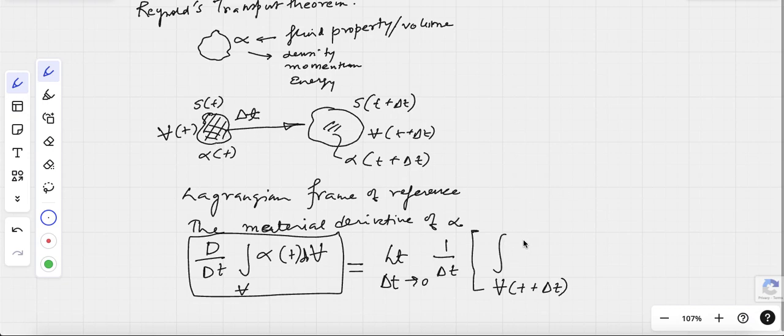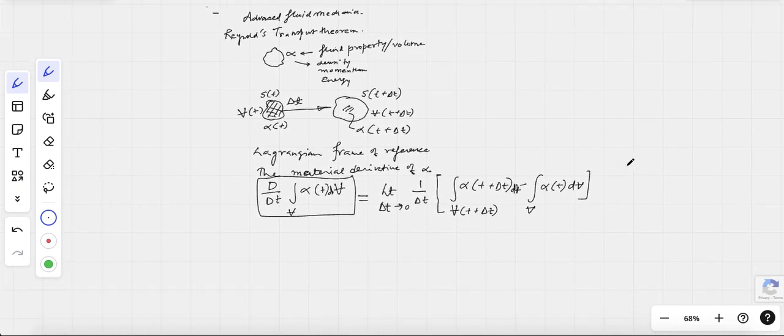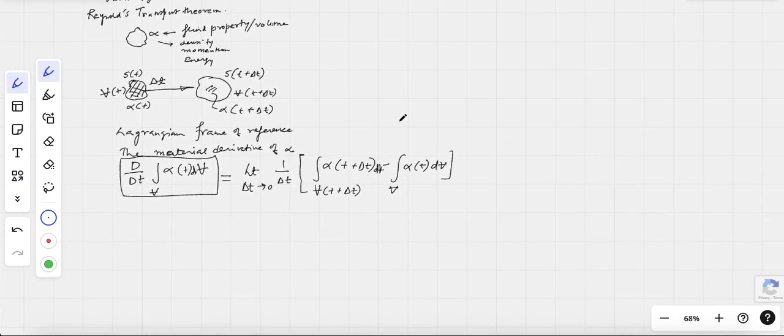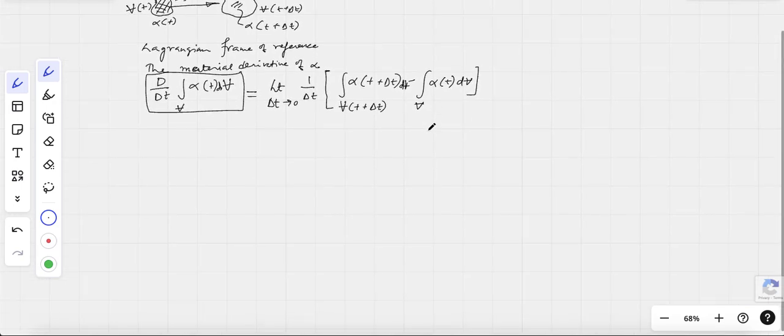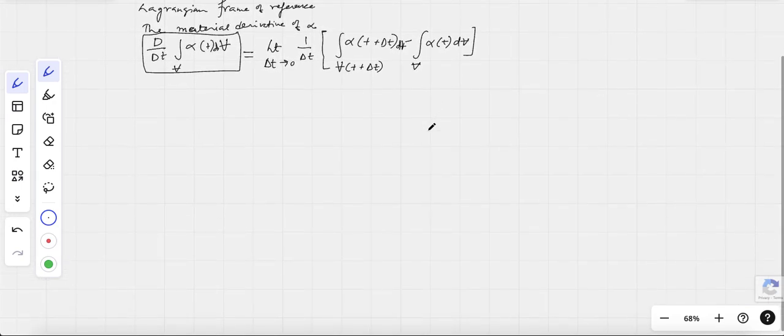What's the change? Alpha of t plus delta t minus alpha t, this is dV, right? So this is from where we start Reynolds transport theorem, right? Okay.